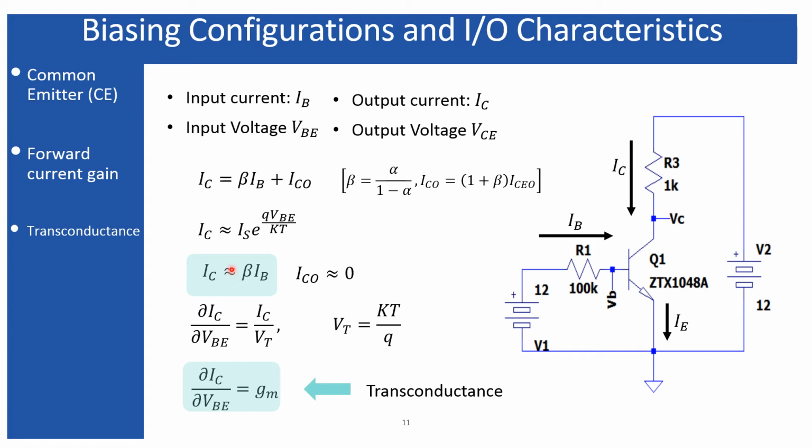I have considered 0.98, but 0.9997 is also possible. From this expression, if alpha goes close to unity, beta goes to a very high value. So beta, the forward current gain in the common emitter configuration, is very much greater than unity. So for a common emitter configuration we get current amplification, which was absent in the common base configuration.